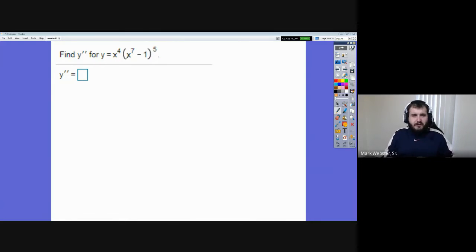We're going to have product rule here, right? Left, d right, plus right, d left. So this is y prime. This is our first derivative. Left, d right. Right?